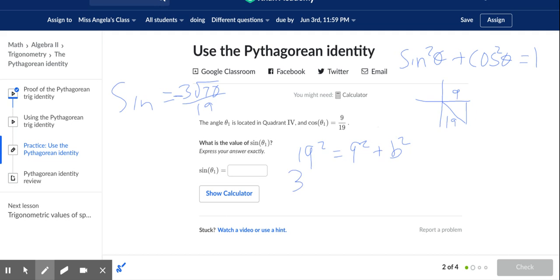So again, this is 361 minus 9 squared, which is 81, equals b squared. So that's 280 equals b squared. So that's 3 square roots of 70, because we already figured that out, equals b.